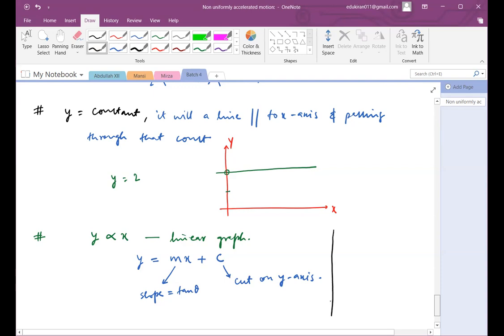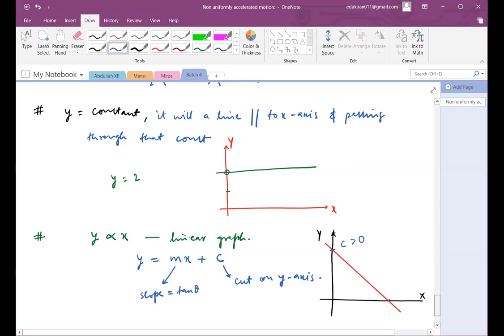Suppose this is the y-axis and this is the x-axis, and let's say there is a line like this. Since this particular line is cutting the y-axis at this point, which is above the origin, you will say c will be positive.